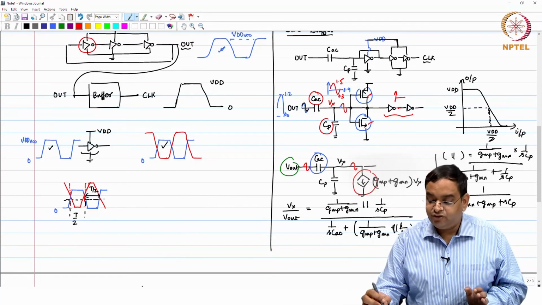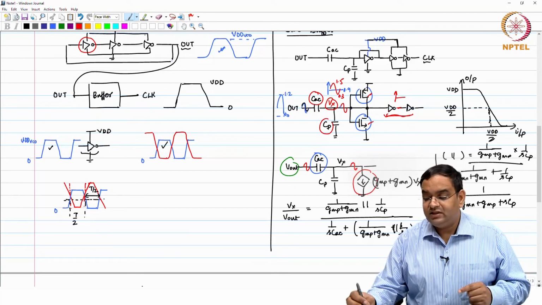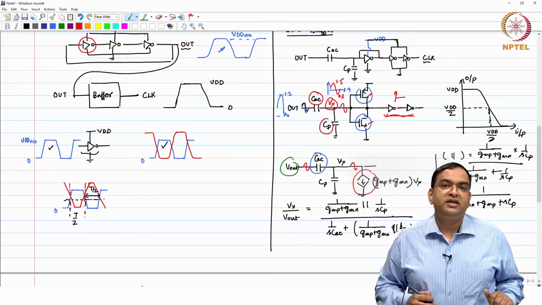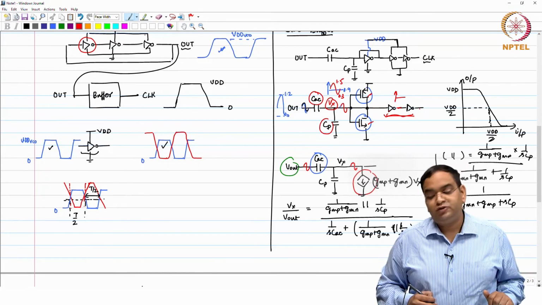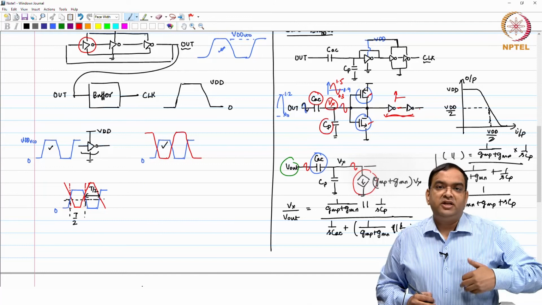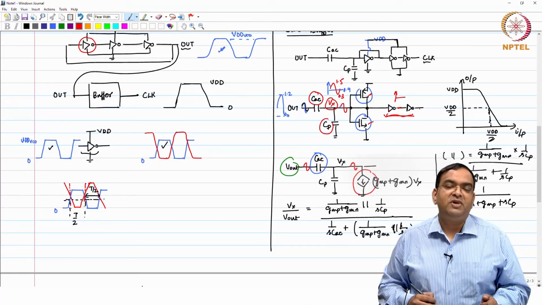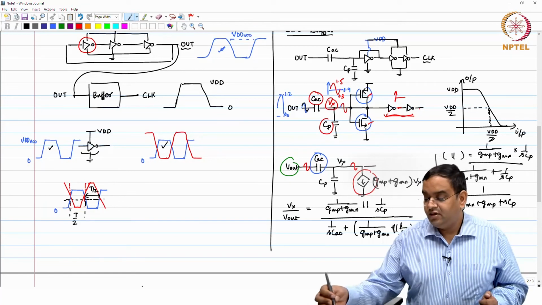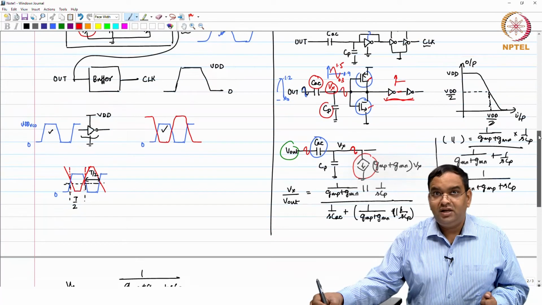If your swing is low at Vx, it will take a couple of inverter stages to amplify that signal to full swing. Now, whether it is good or bad, when it is amplifying, it is also adding noise to the system, that is white noise, but that is what will happen.